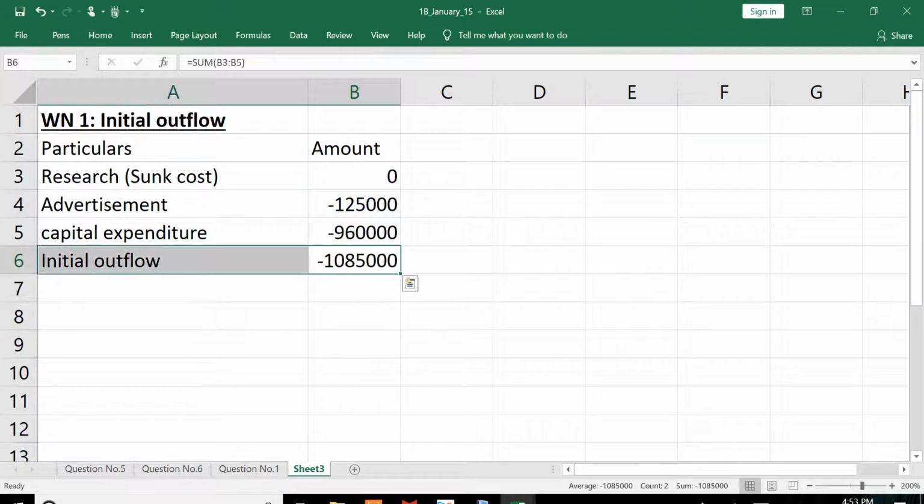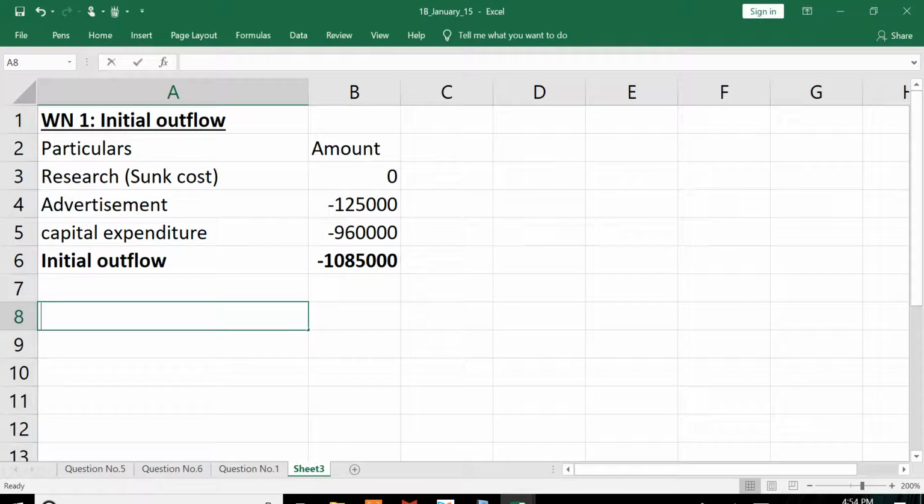Initial outflow 10,85,000. I don't distinguish this because this is a one day figure. There is no distinction between end of year or uniform. This is basically on year 0. In step 2 we will have to distinguish. Initial outflow is 10,85,000.